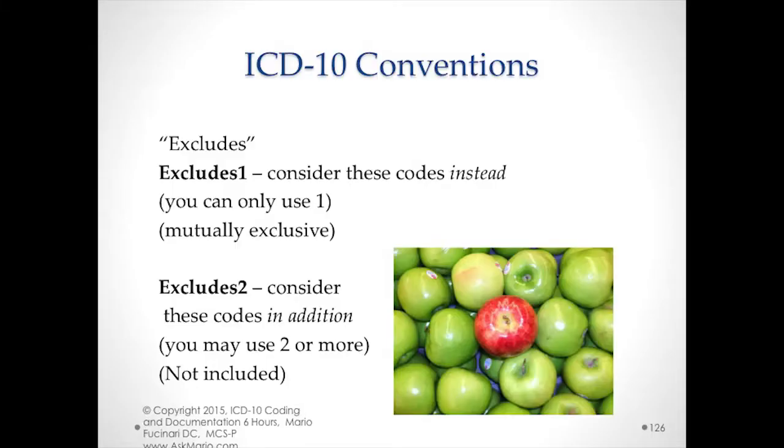Excludes 1 basically means either/or. For example, with Excludes 1, you can only use one code. I put this in, this is new, but it doesn't matter. You can take notes. You have the Excludes slide with your notes there. So Excludes 1, use only one. It's mutually exclusive, okay? So put that as a note.